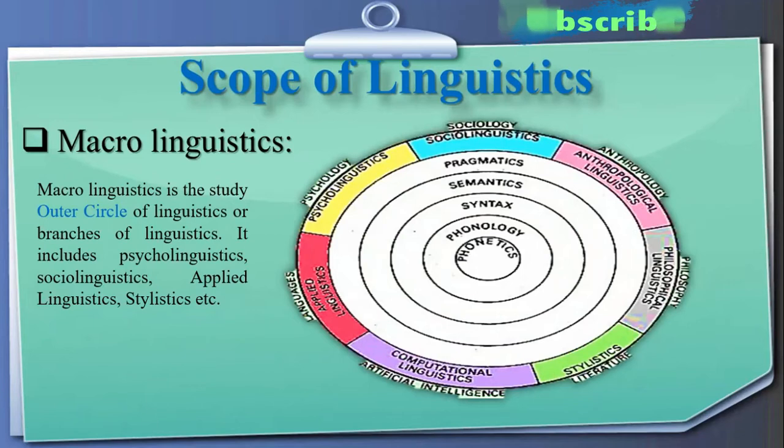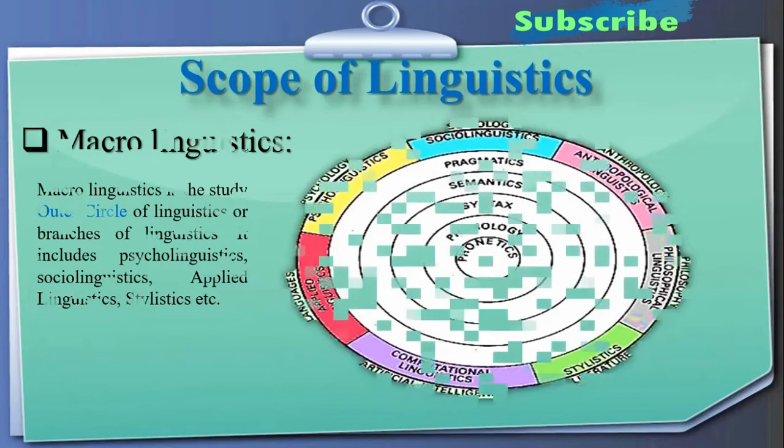When we talk about sociolinguistics, we study sociology and linguistics. In this regard, when we talk about macro-linguistics, we are talking about the branches of sciences with the help of language, or actually a blend of the study of different sciences with language. So that is all about macro-linguistics.